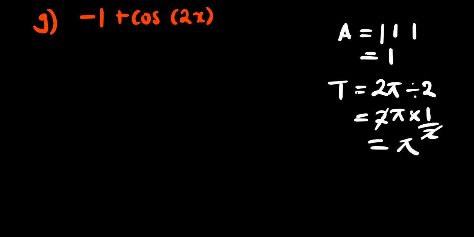That is going to be the period. Then let's look at the vertical shift. You're able to see that the vertical shift that we've been given is -1. Then what did we say to the amplitude? You're going to add and subtract that -1. So for us to find the upper limit, it's going to be 1 plus -1. Let me say the upper limit.